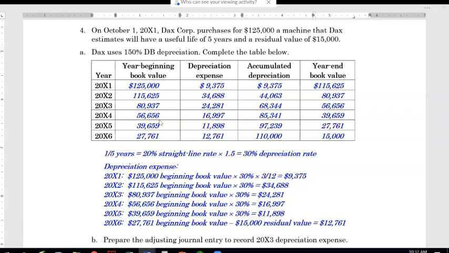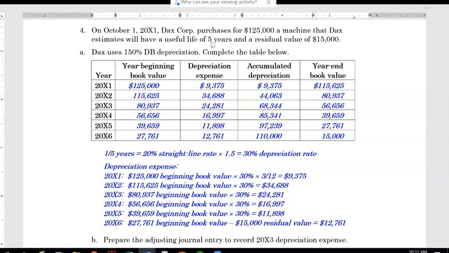We push it to year 4. We do the same thing again, multiply by 30% is 16,000. 16,000 plus accumulated depreciation last year, 68,000. The new balance ends up to be 85,000 minus 125,000 will be 39,659. We push it to year 5.